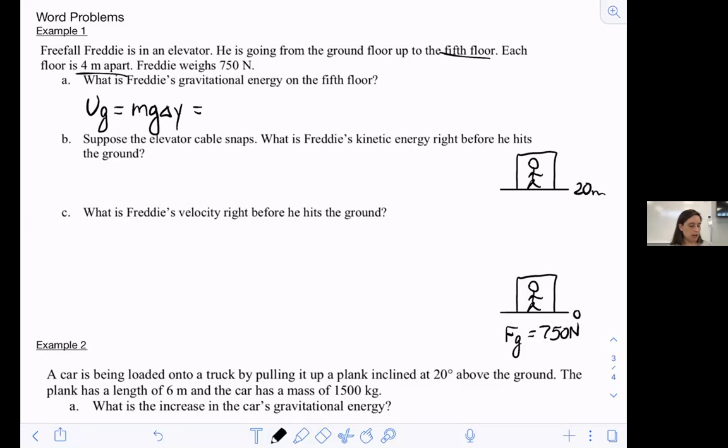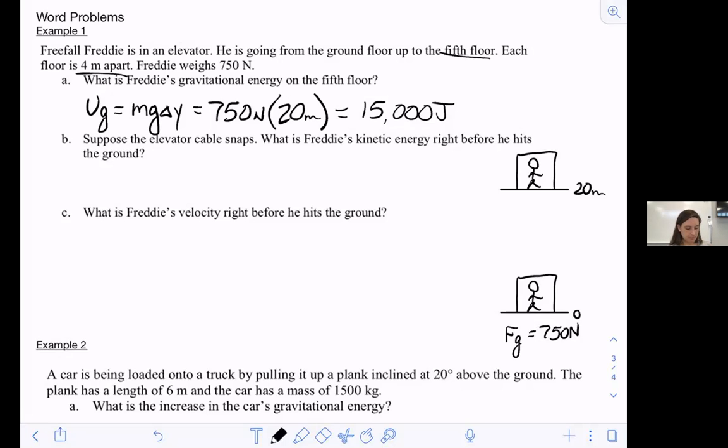So his mg, right? mg is the same as FG, so I can just put in 750 for his mg. And then his delta y, well, we talked about it, right? The fact that he goes up to the fifth floor means that he goes up 20 meters. And so he must have 15,000 joules of gravitational energy.